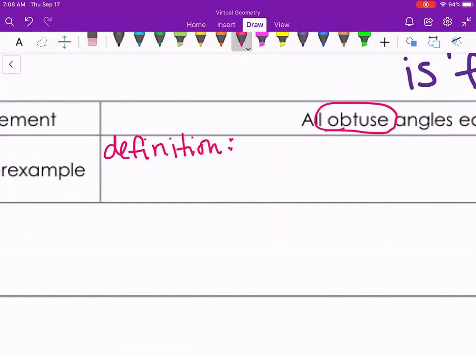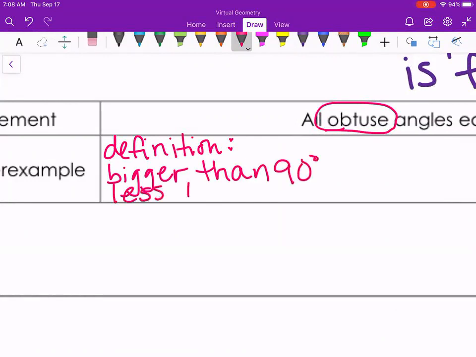So our definition is that your angle measures have to be bigger than 90 but less than 180. So that's our definition. That's where the deductive reasoning comes in.